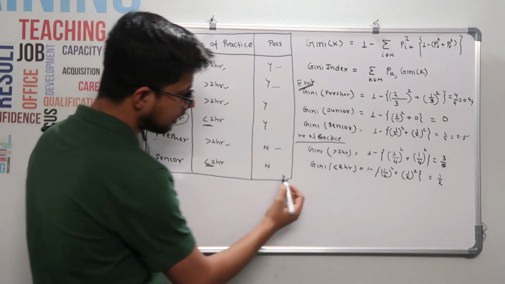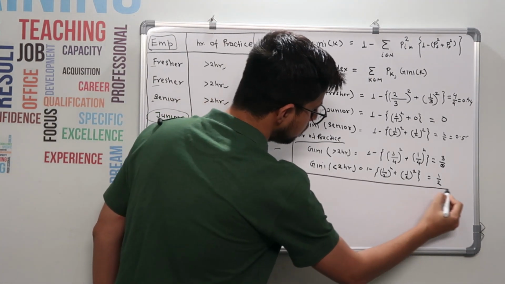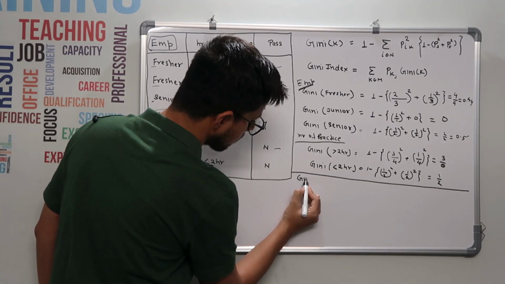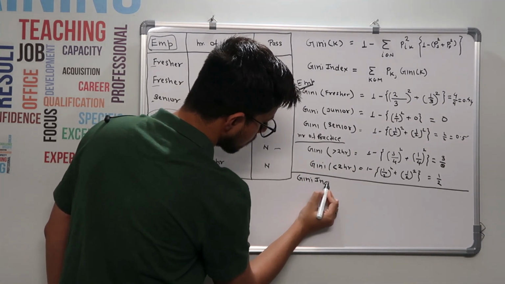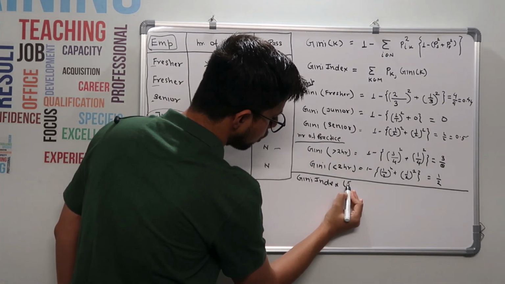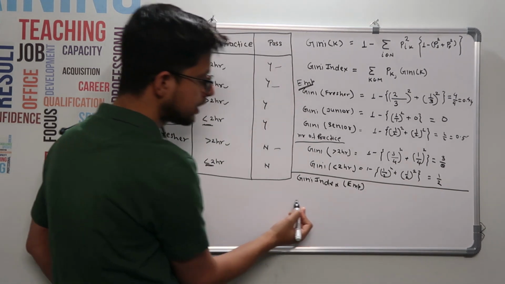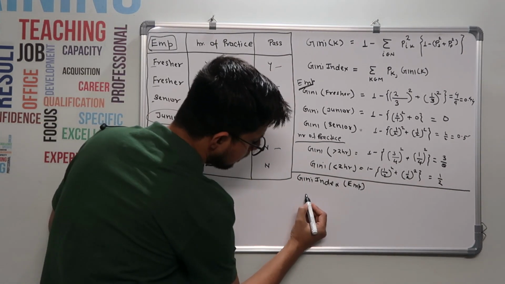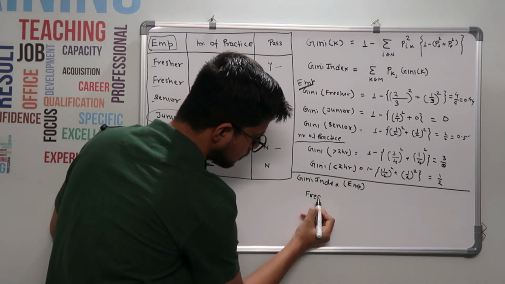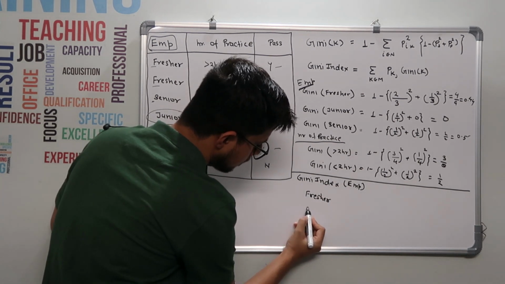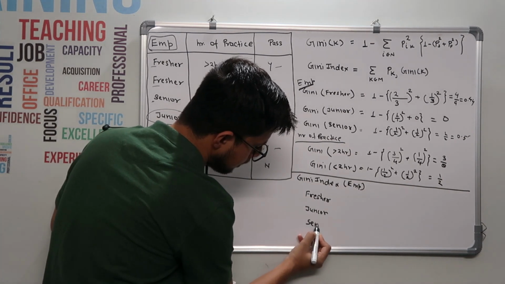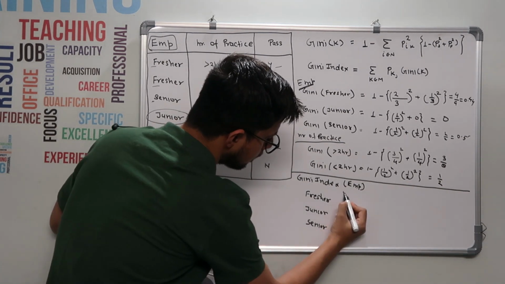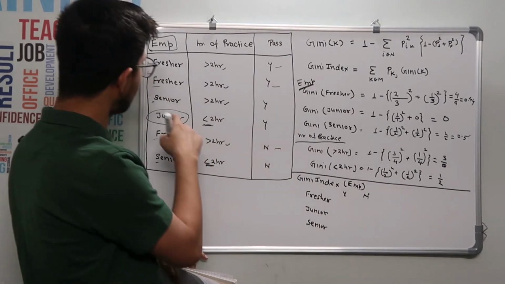For the Gini index calculation, let's calculate first for employee. There is a fresher, a junior, and a senior, and here it will be yes or no. How many freshers are there?